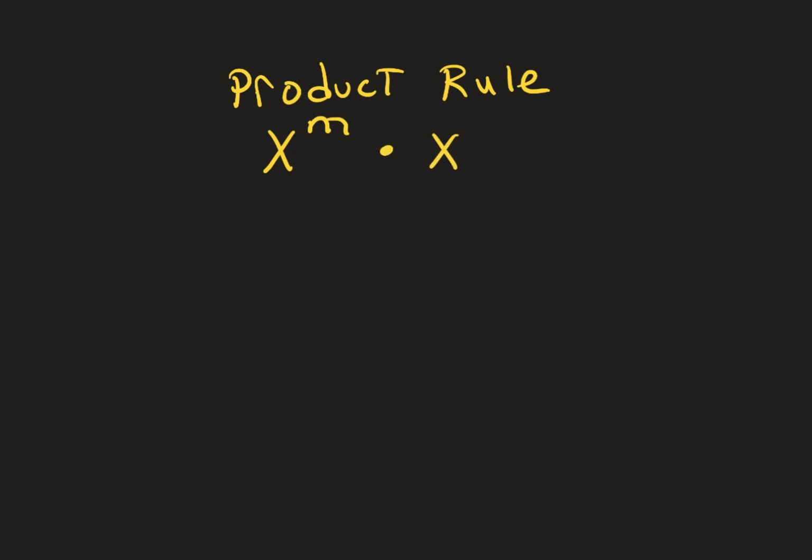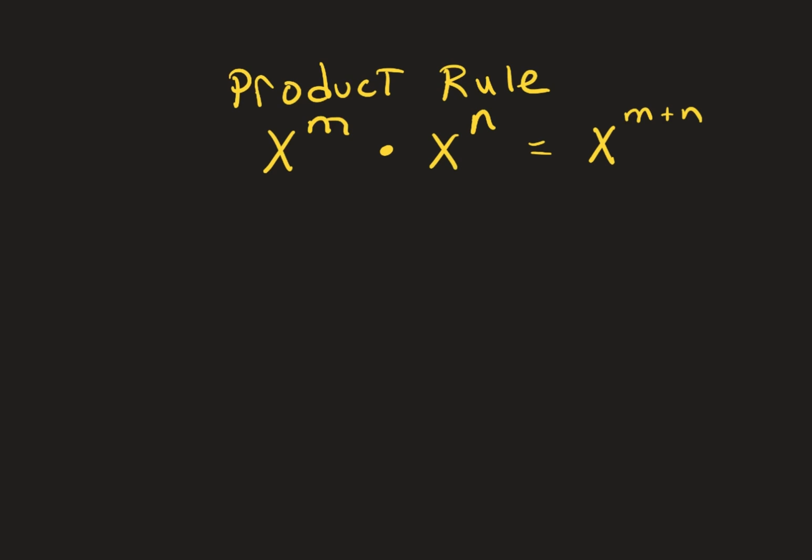If you have two bases that are the same, but they have different exponents, so x to the m times x to the n, the result of that is having the same base and you add the exponents. So x to the m times x to the n is equal to x to the m plus n.